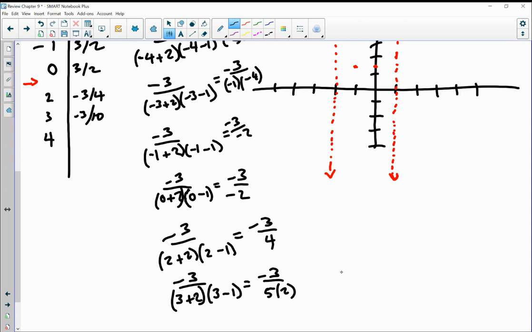And then 4, that's 6 times 3, so 8. Is that 6 times 3? That's 18. Which reduces to negative 1/6.